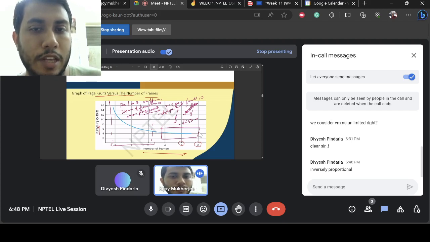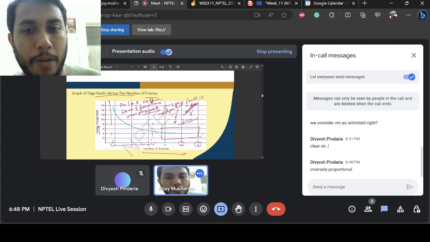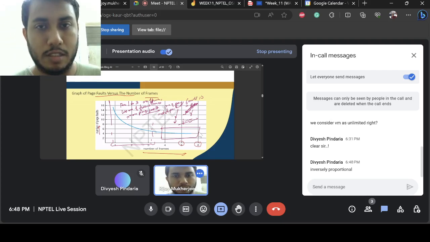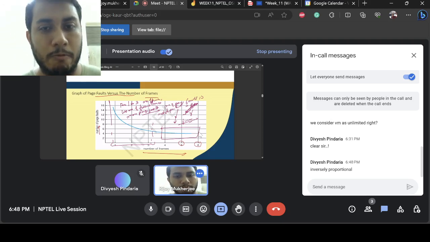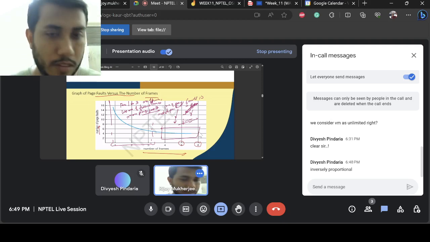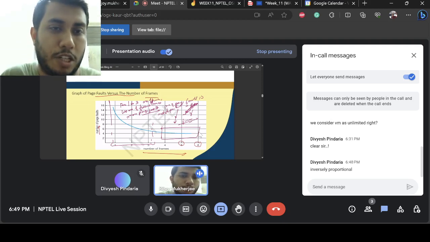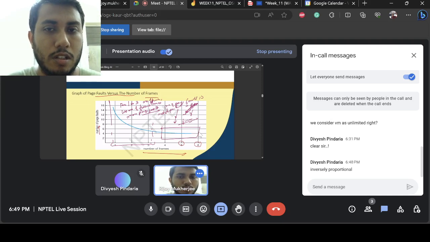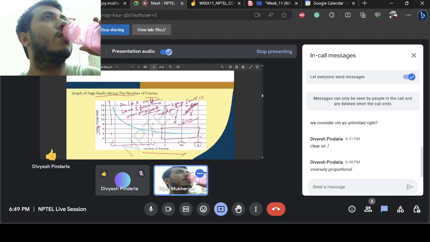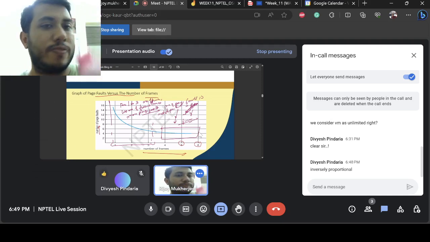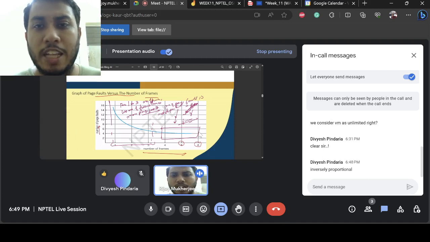For 4, 5, 6, the curve goes completely flat. That means the number of frames is no more a factor in your page faults. Initially it was inversely proportional for 1, 2 and 3. This is probably your inverse exponential graph.